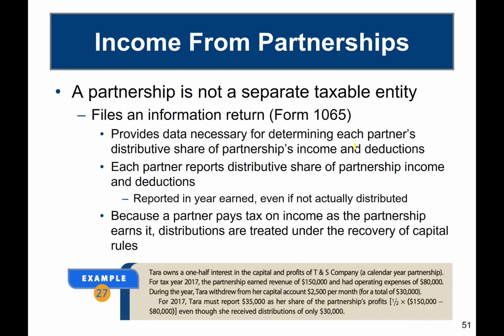What happens? The entity, the business, the partnership passes the income onto the individual. So in the case of a partnership, instead of the partnership paying tax, what? The partners themselves pay tax. So it passes through to the actual individuals that are the partners.